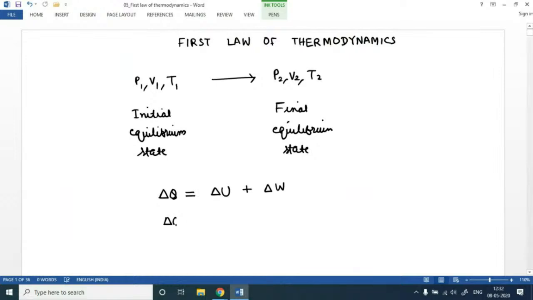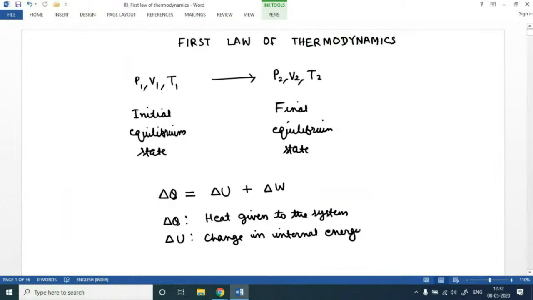So it is clear. Let's also notice the sign convention which we use in physics. Delta Q, which we are writing over here, is nothing but heat given to the system. And delta U is the change in internal energy of the system.